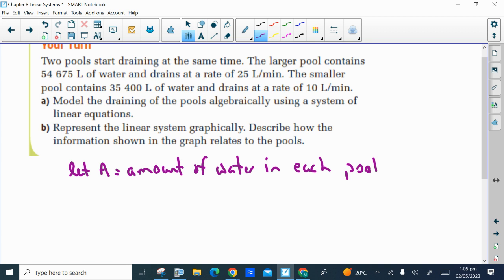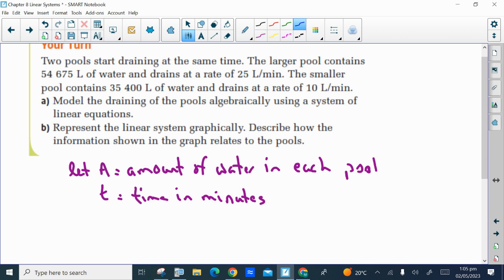And it's being drained at so many liters per minute, so we can say that T is the time in minutes. So the second variable will be T, the time in minutes.